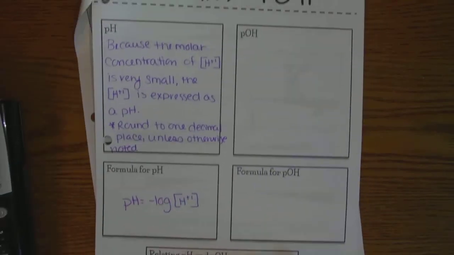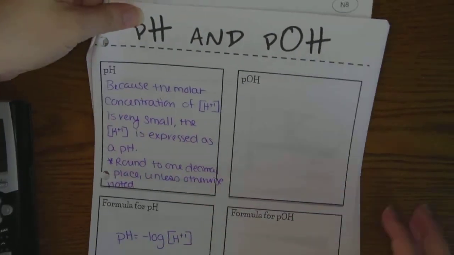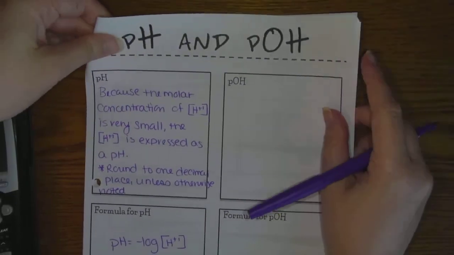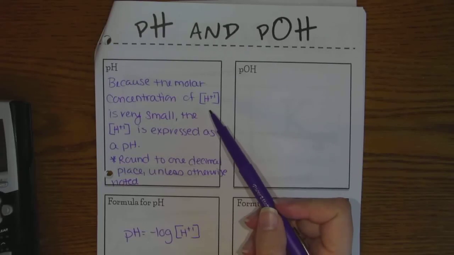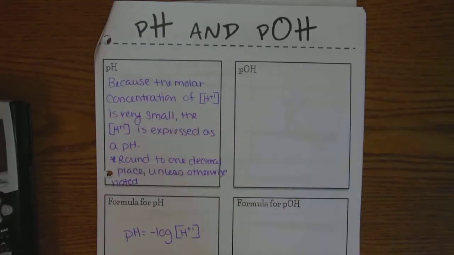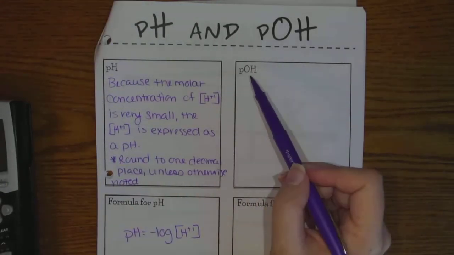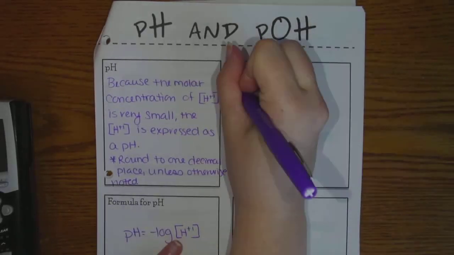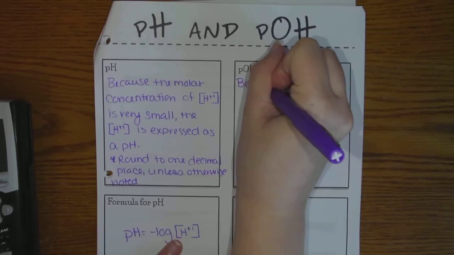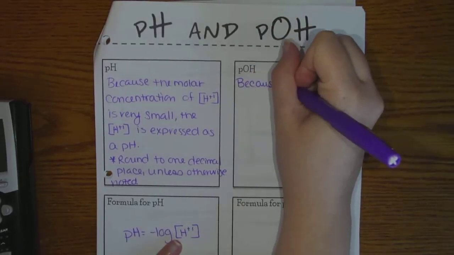Okay? Next one. So when we talk about the pOH, we've already talked about what we make for our concentration of hydrogen ions, but in a lot of cases you're going to be dealing with the hydroxide ion, because that's what's going to be used for a base. So therefore, we're also going to see a very small concentration of that as well.